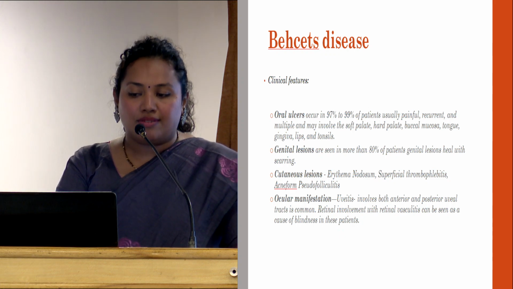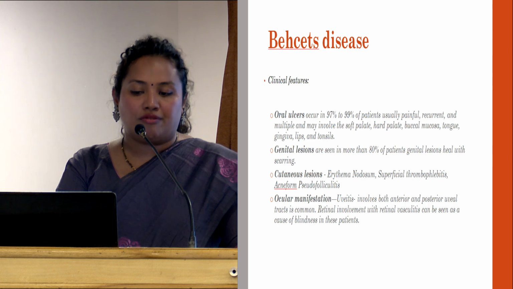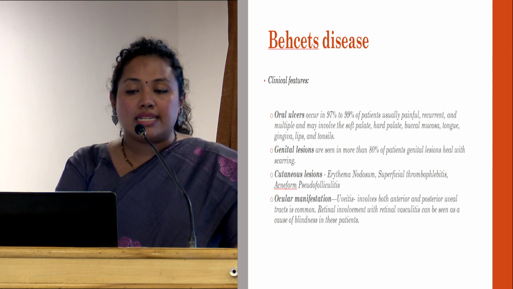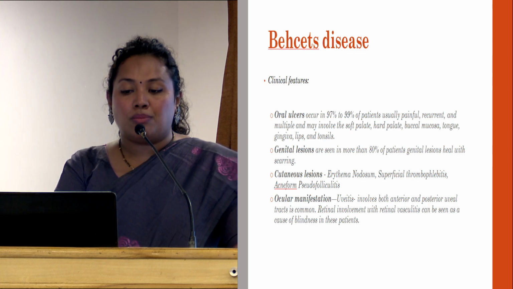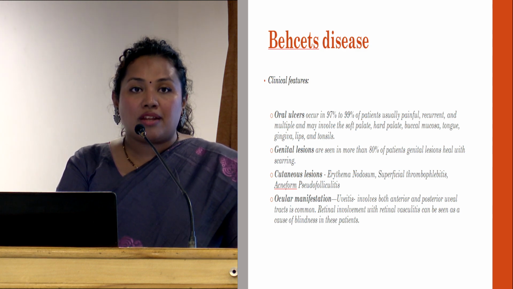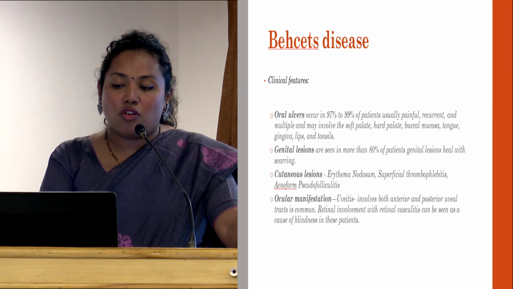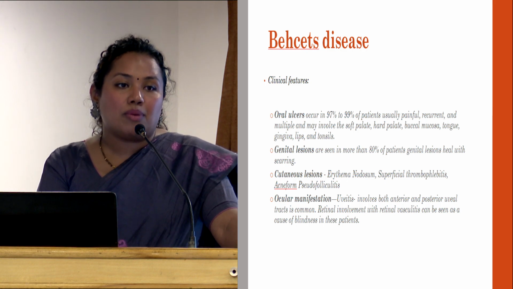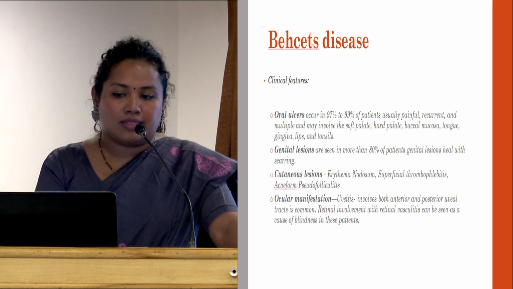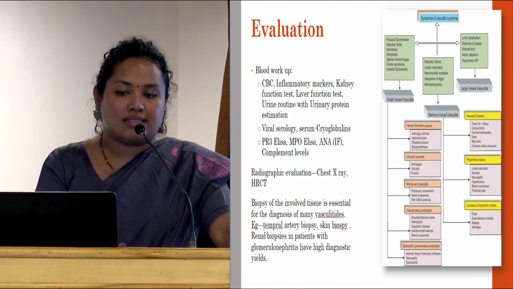Genital lesions leave a scar, involving the scrotum in males and vulva in females. In cutaneous lesions, they can present with erythema nodosum and acneiform lesions or pseudofolliculitis. Ocular manifestations, we have panuveitis, and retinal involvement also can be seen, which can be a cause for blindness in these patients. This is more so seen in younger patients earlier in the disease.